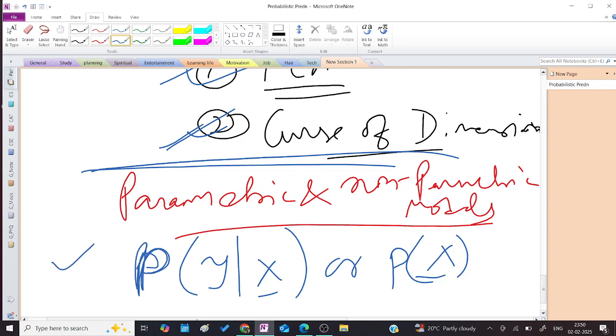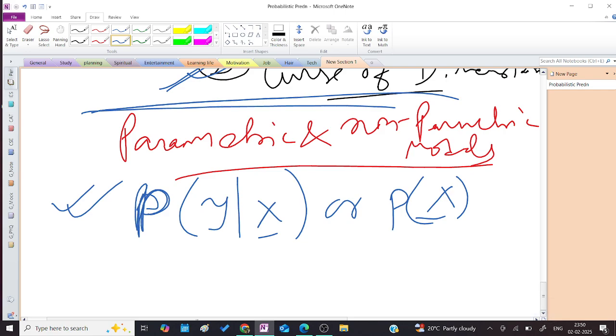So these are probabilistic models. Okay, so we say a model is parametric if the parameters of the model are fixed. Okay, but if the parameters of the model keep on growing with the amount of training data, then we will say it is non-parametric.